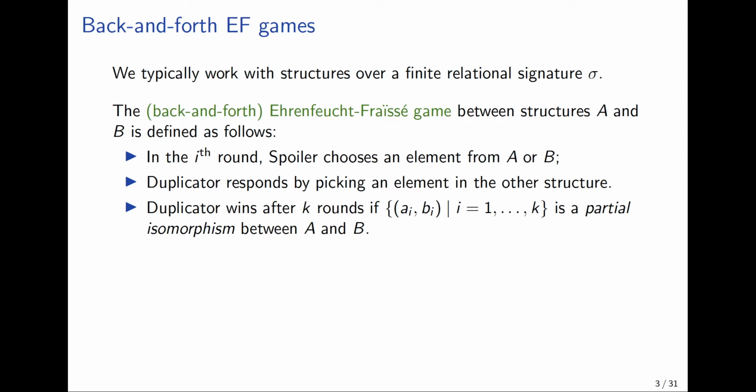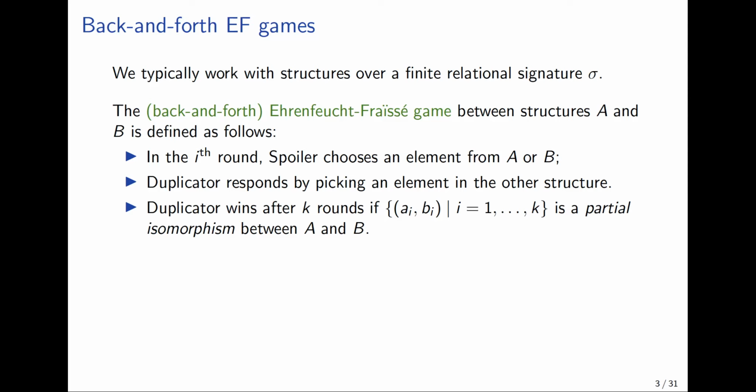And then there's the classical notion of back-and-forth Ehrenfeucht-Fraïssé game between structures A and B. And it goes as follows. In the i-th round of the game, Spoiler chooses either an element from the structure A or an element from the structure B, and Duplicator responds by picking an element in the other structure.